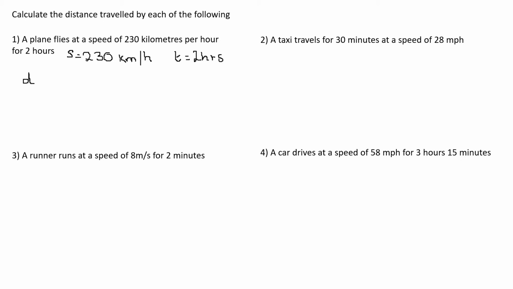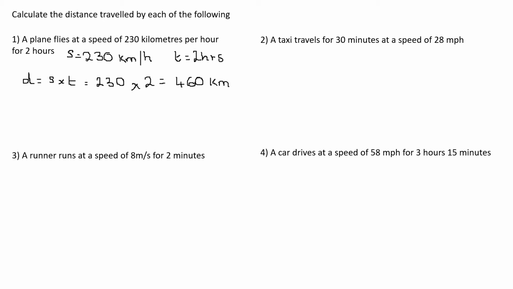So distance equals speed multiplied by time, which is 230 multiplied by 2, which will give me 460. And it's a distance, so my speed was in kilometres per hour, so my distance will be in kilometres.